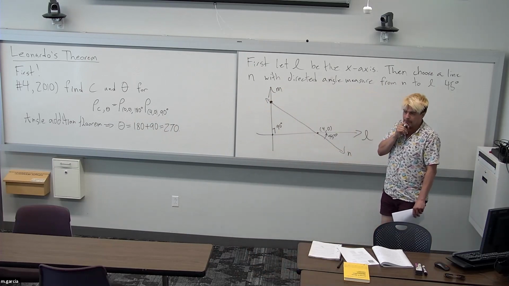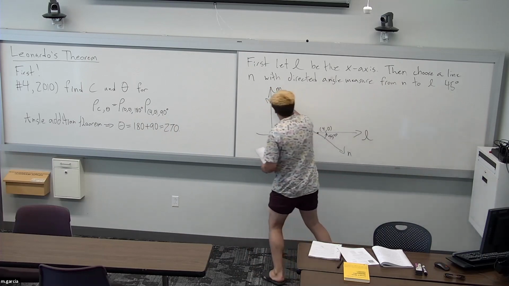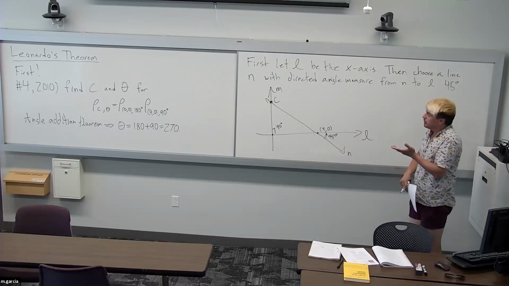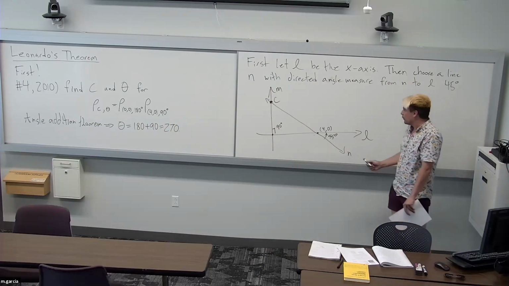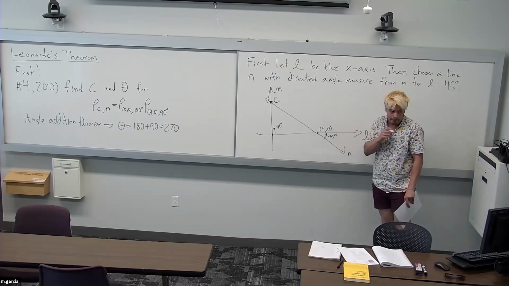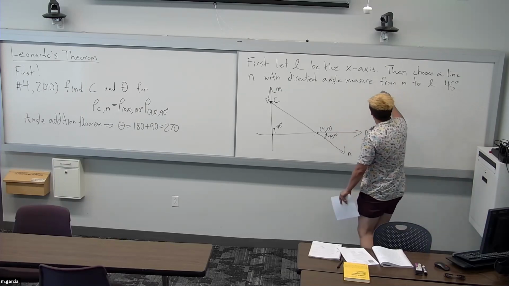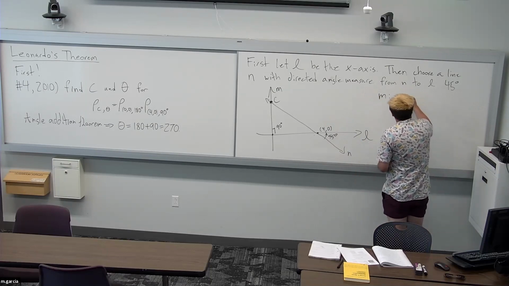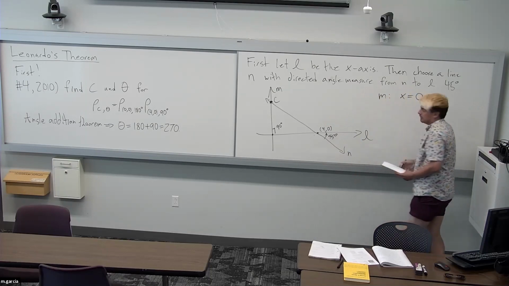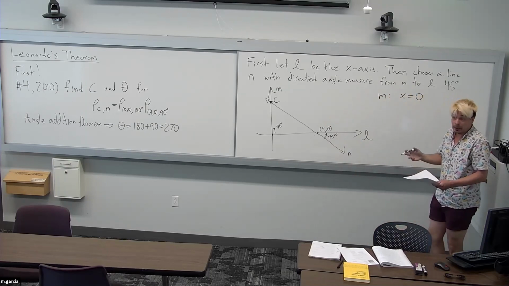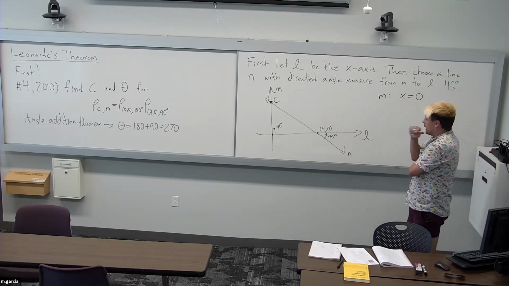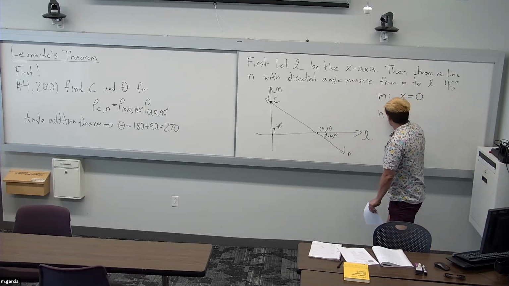So this is our point C. So now, all we have to do is determine the equations of lines N and M. Well, line M has equation x equals 0, right? You can just see that by looking at it. Now, how do we determine the equation of line N?